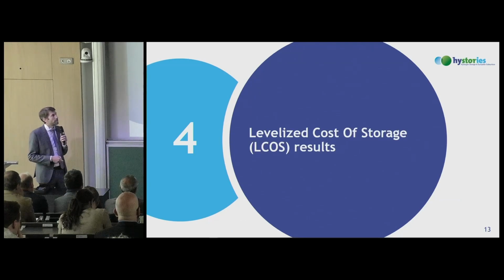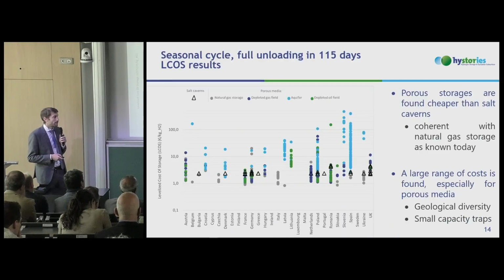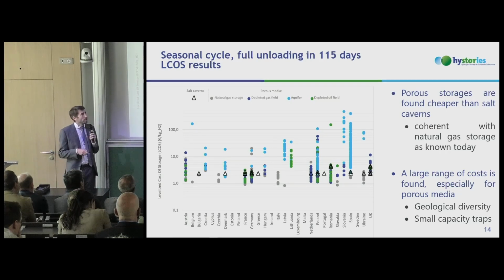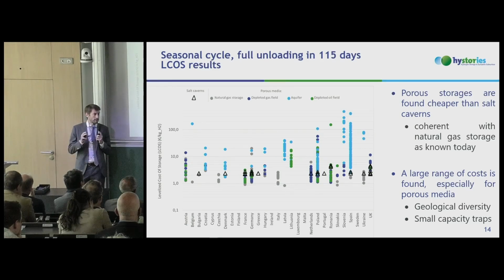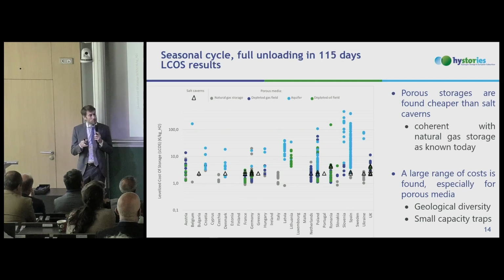So we've defined these two cycles. These are the results for the first cycle, the seasonal one, and we applied the cost model to all the 900 or 800 traps with their own characteristics like depth, permeability, etc. We applied the parametric cost model that was presented for this cycle.